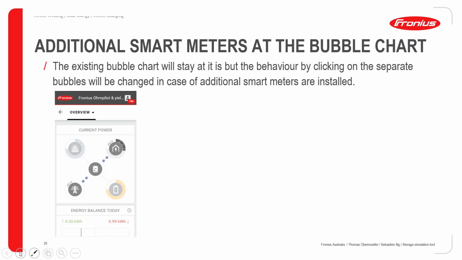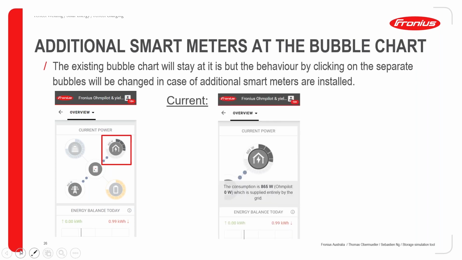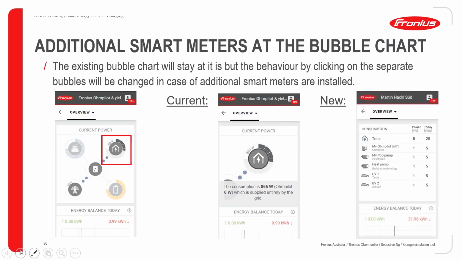And if you have installed a secondary smart meter, it is still available in the history chart to show the archive curves, meaning the daily curves, but also how much energy is produced or consumed by these secondary smart meters. And next, we want to show also the current or the real-time values of these additional smart meters in the bubble chart. So that's something that is new.